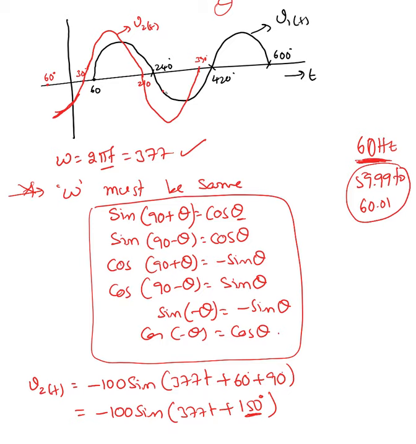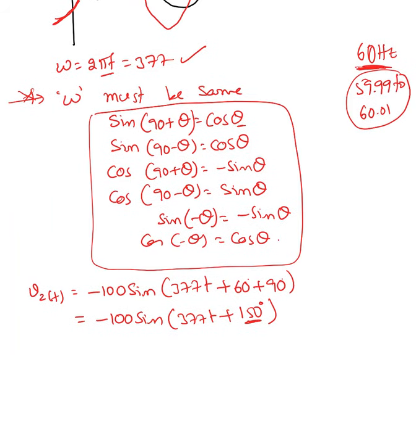If I add 180 degrees, I will reach here. If I subtract 180 degrees, I'll reach here. At that point, the magnitude is the same. So to keep the same magnitude and get rid of the negative, I can add or subtract 180 degrees. In this case, I'm going to subtract 180.